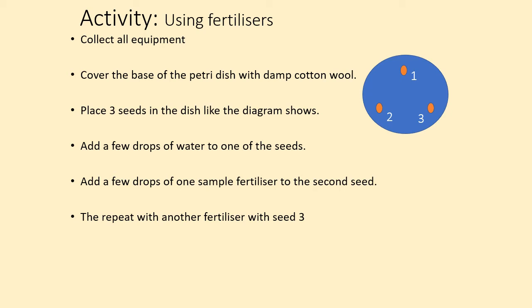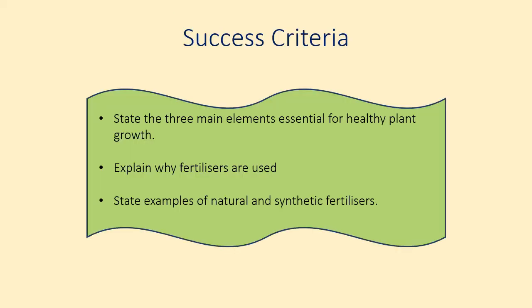Now, what you may get to do is, in class, you might get to test out different fertilizers by growing some seeds on cotton wool and testing out which one works the best. But because this is a video and we can't show you the results of that experiment, that is us actually covered all you need to know about fertilizers.